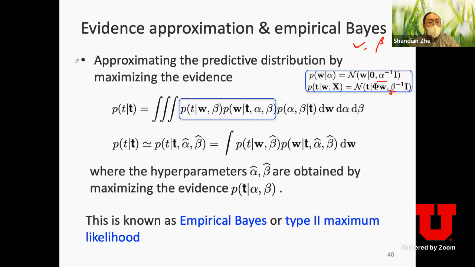So our idea is to maximize the evidence itself. That means you just calculate the model evidence given this alpha and beta. I showed that before. This is essentially the predictive distribution.